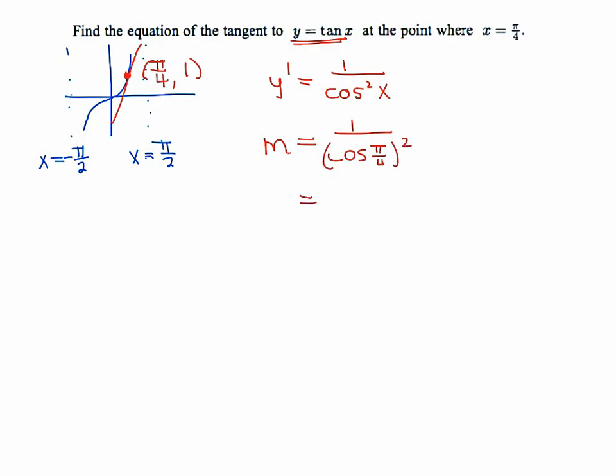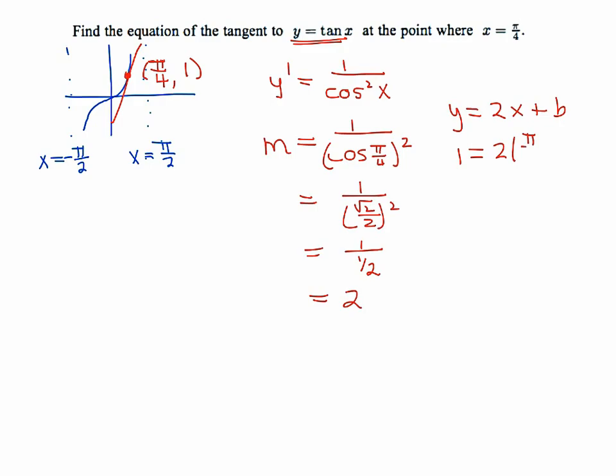So here we have cosine of pi over 4 is root 2 over 2. When you square it, you get 2 over 4, which is 1 over 2. 1 over 1 over 2 is equal to 2. So the slope of this tangent line will be 2. So we have y equals 2x plus b. The x and y coordinates are, when y is equal to 1, you have 2 times pi over 4 plus b.